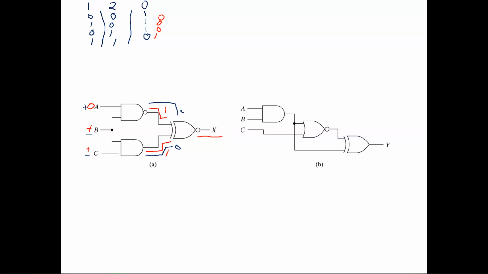Because this guy won't let it through if I have mismatched signals. So the only other way that this will let it through would be to what? To have no output at A. Then I would have 2 zeros for my inputs for this guy, which would give me an output.